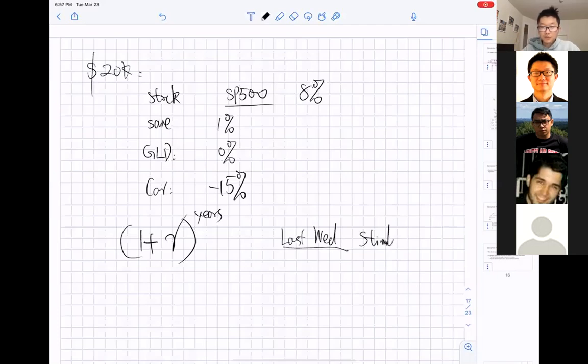Do you know how people use those stimulus checks? I don't know, buy new iPhones or something. Yes, buy new iPhones, buy new cars.